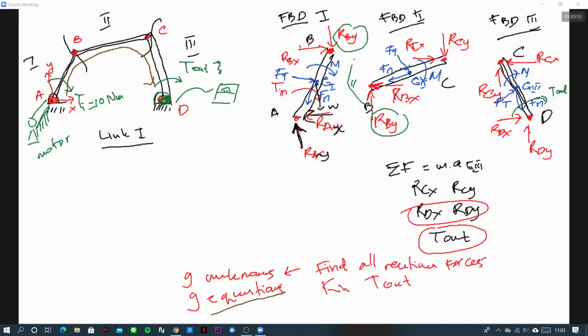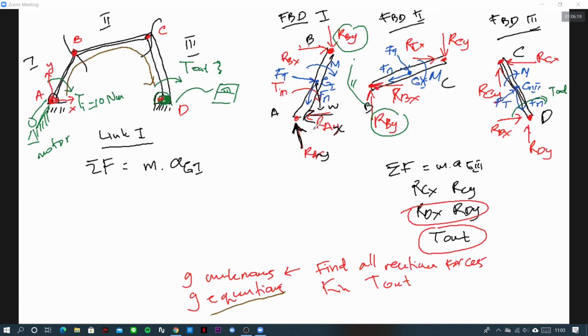Okay, for link 1, you have sigma F equal to M times A at point G1. Okay, what is F here? F, we have the external forces. What are all the external forces? The red color are external forces in the free body diagram here.